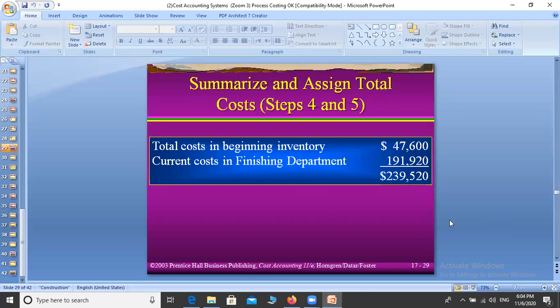Summarize and assign total cost, steps 4 and 5. Total cost in beginning inventory 47,600. Current cost in finishing department 191,920. So the total is 239,520. The same cost we have to arrive at in the out cost, as we will see.